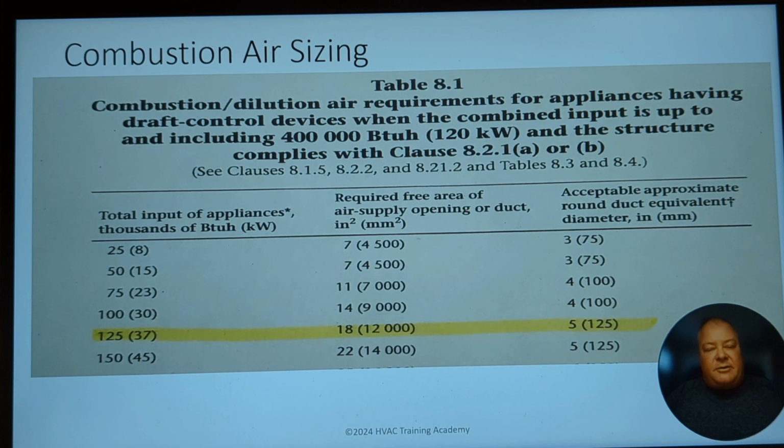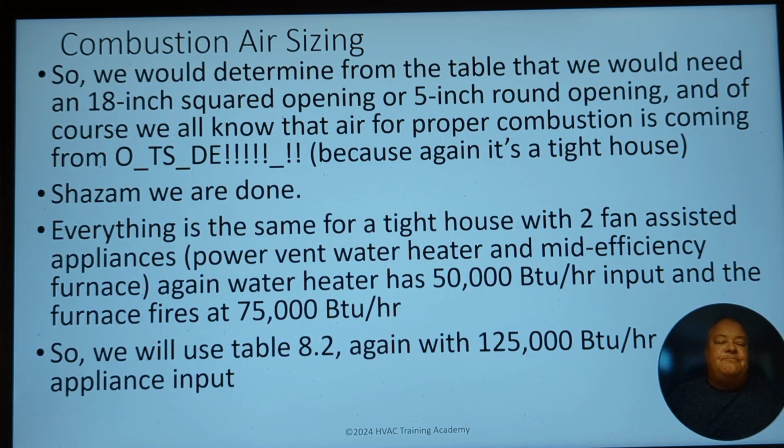Until we get to 126, at which point we will then move on to 150, you're always going to move up. As soon as you cross that line, you're moving up to the next largest size. So we said we need an 18-inch square opening or 5-inch round opening, and where are we going for that? For proper combustion, of course, it's outside because it's a tight house. That's it. We're done. Pretty simple.